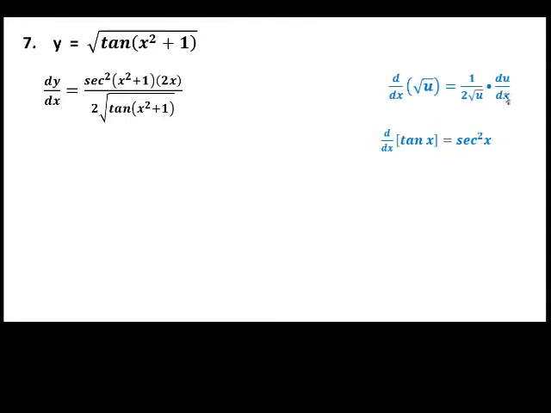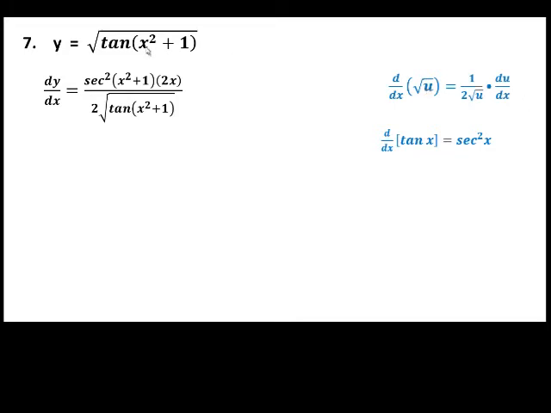Our du dx is the derivative of tangent, which is secant squared of this u, times, by the chain rule, we still have to get the derivative of this u.